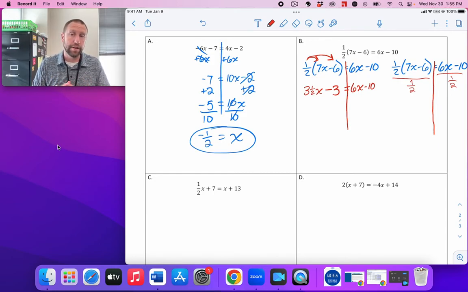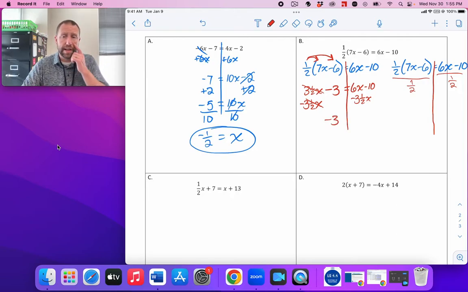In that case, for this equation, it's the 3.5. It's a positive 3.5, so I subtract 3.5x. That gets those to cancel, and I'm left with just negative 3 on the left-hand side. 6 minus 3.5 is 2.5. And then don't forget about your minus 10.